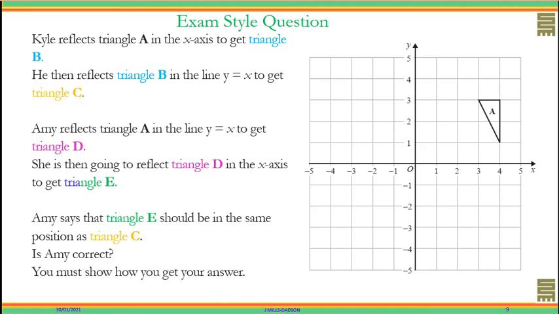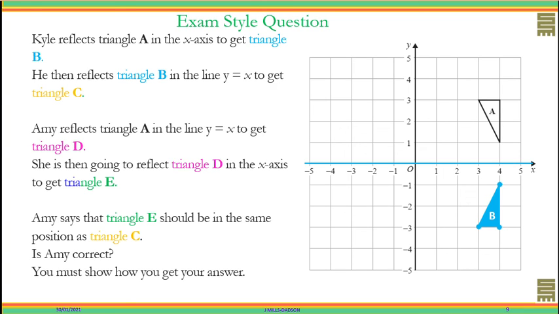Okay. Now, we can't say yes, we can't say no until we go through the process that they all went through. So let's start with Kyle and see what happens. So Kyle is going to reflect A in the x-axis. So this is what happens. So we have our B now.